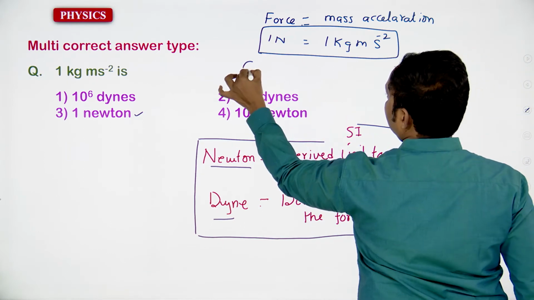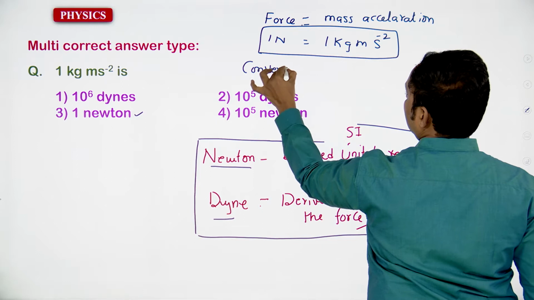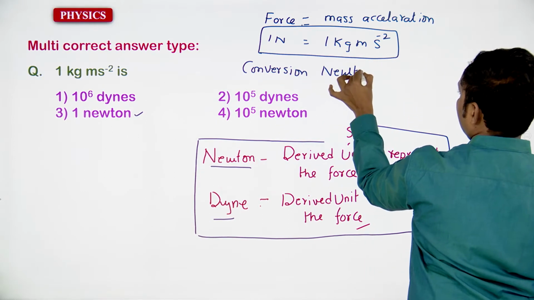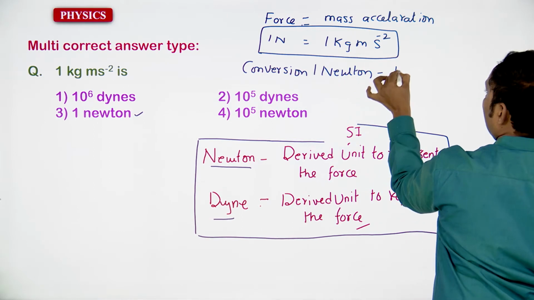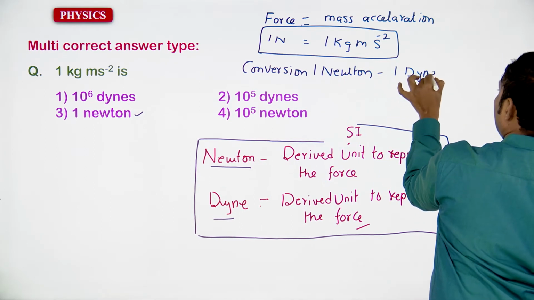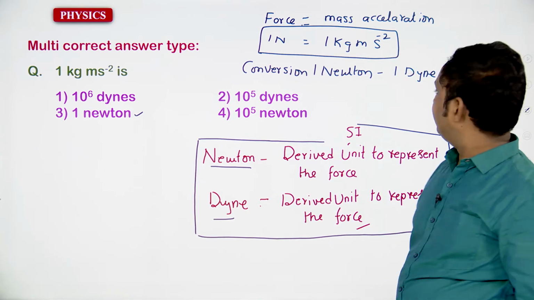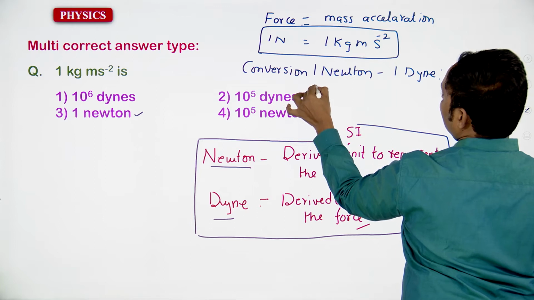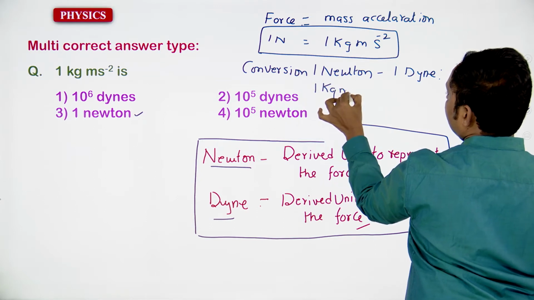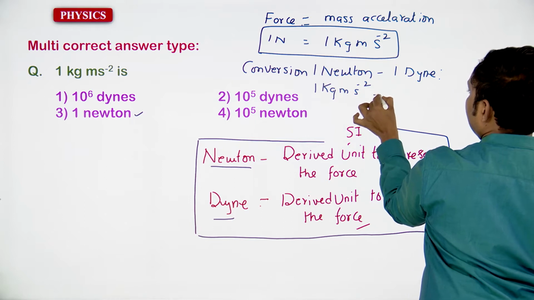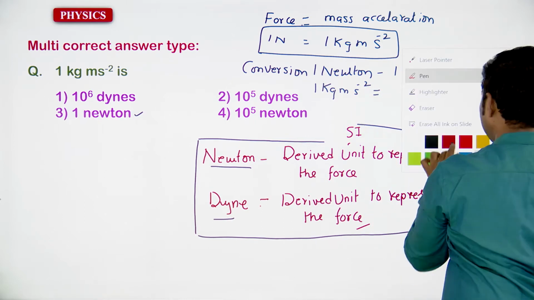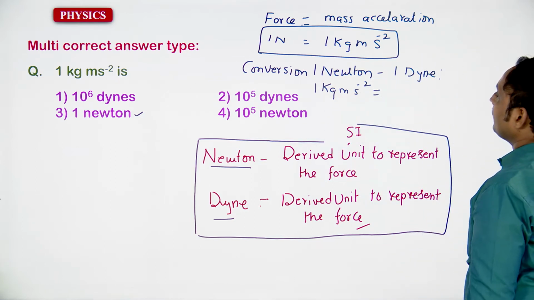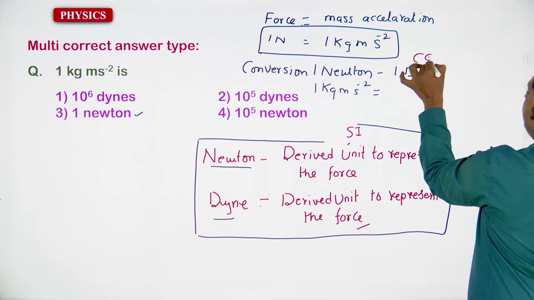Conversion: Newton to dyne. Let's see if you take 1 Newton. 1 Newton is equal to 1 kg meter per second square. That is equal to, you have to confirm, dyne, which is in CGS.